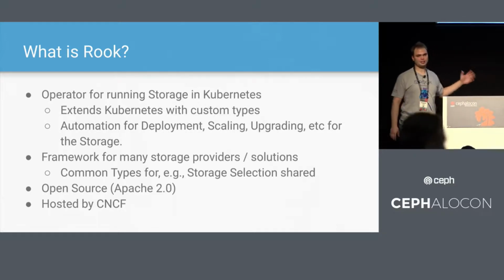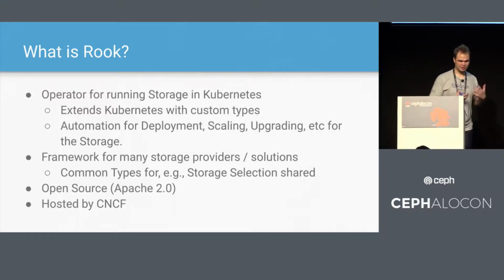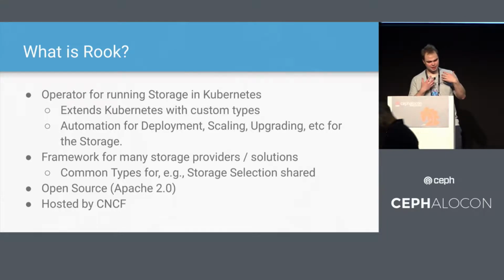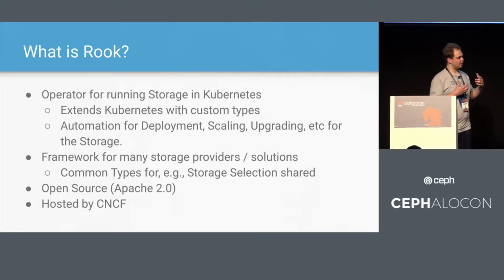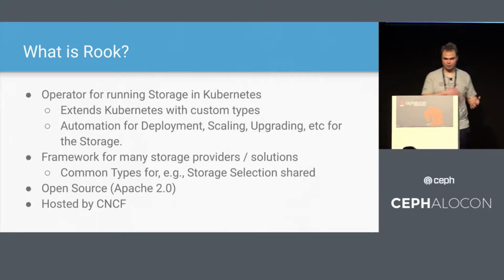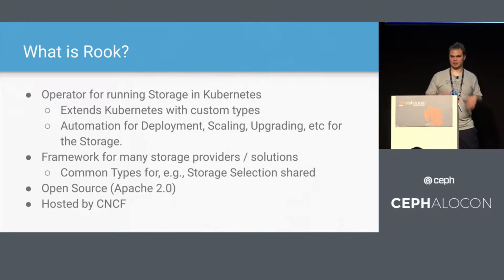So what is Rook? As it is for Kubernetes, it should probably be cloud native. So yes, it is cloud native. It is a framework to run storage backends, not only something like Ceph, which we come back to later, but also things like Cassandra, like persistence in general.